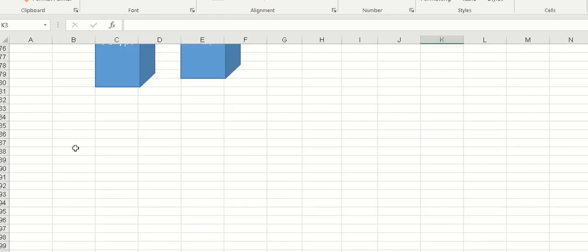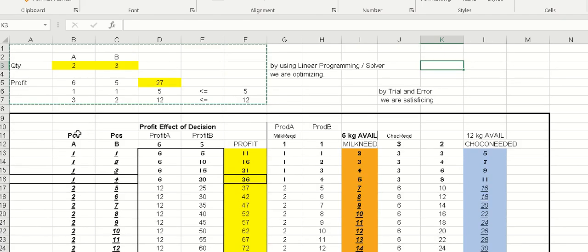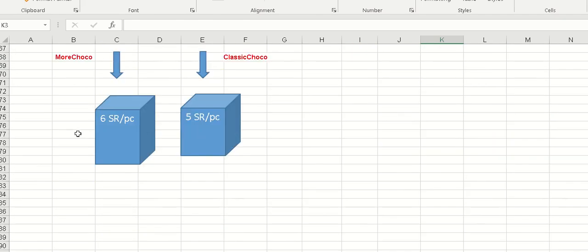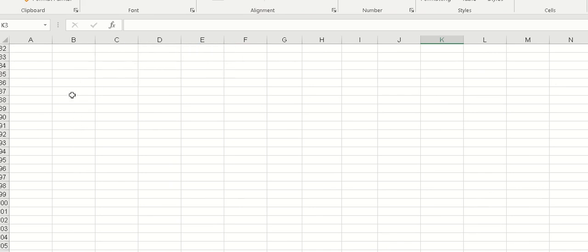First of all, the point that we have to do is to take note of the decision required. The decision required is how many kilograms. So what is the quantity for product A? For product A, how much should this be?